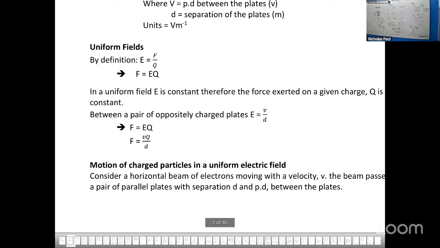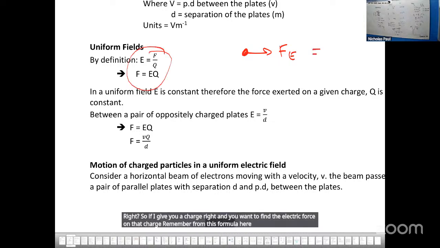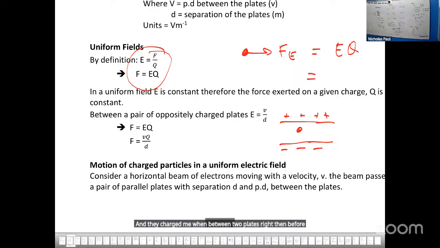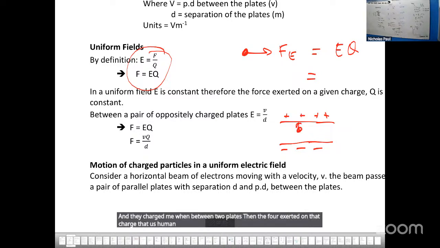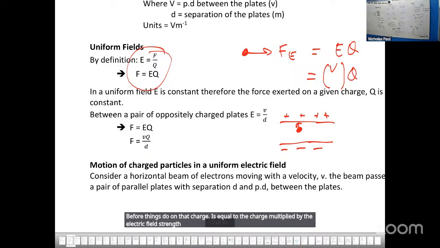So if I give you a charge and you want to find the electric force on that charge, remember from this formula here, F is equal to E times Q. If the charge is moving between two plates, then the force exerted on that charge, let's assume it's negative, is equal to the charge multiplied by the electric field strength, which is given by V on d.